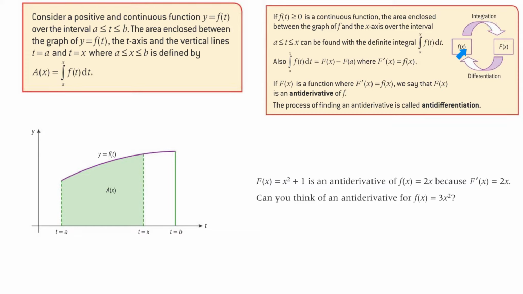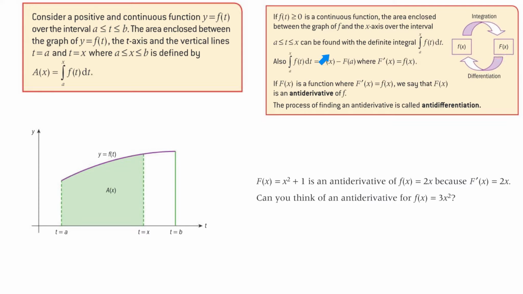That's all it's saying. If you had a function and you did the opposite to differentiation, you would end up with that function. And if you had a function and you did differentiation, you would end up with that function. They are linked. So when we look at this integral between t equals a and t equals x, the integral of this function is going to be the anti-differentiation of that function, which we've already defined as what we had differentiated from.